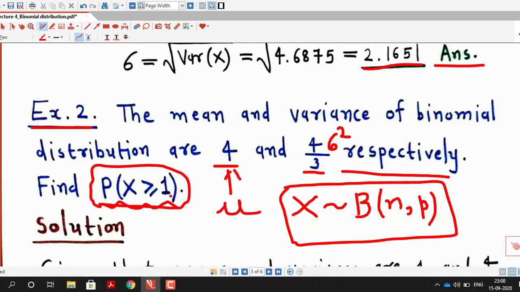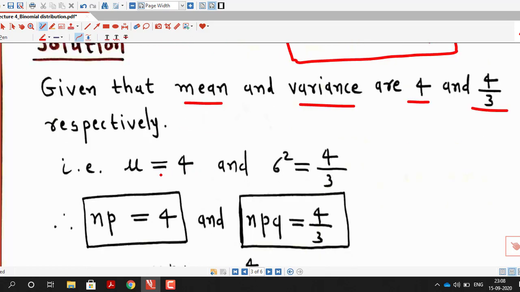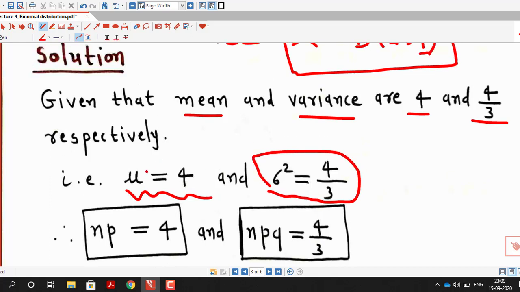But for the probability of this event we require the values of the two parameters n and p. So first we find the values of the parameters using this mean and variance. Given that mu equal to 4 and sigma square is 4 by 3, we know that if the distribution is binomial, mean is nothing but n into p.